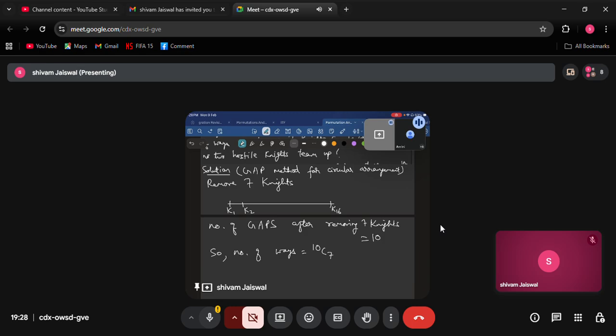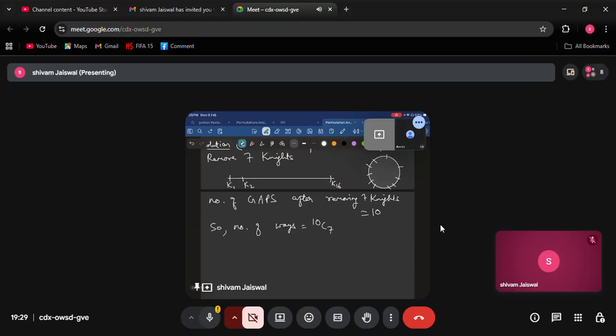Now you people tell me, if it was a circle, the first and the last gap is same. Right, tell me. For a circular arrangement, first and last gap is same.